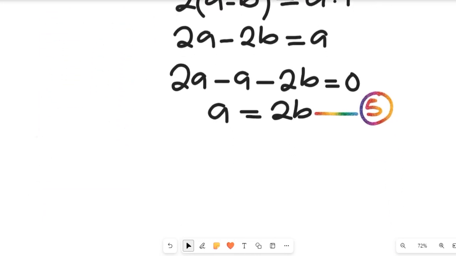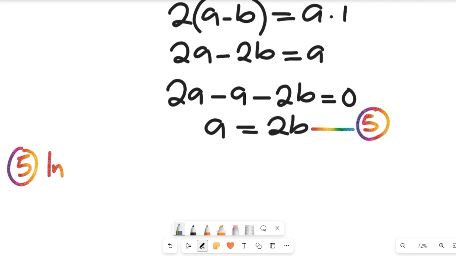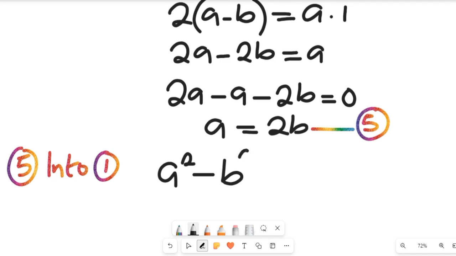So we are going to substitute the value of equation 5 into equation 1. Good. And from equation 1, we are given that A squared minus B squared is equal to 1.